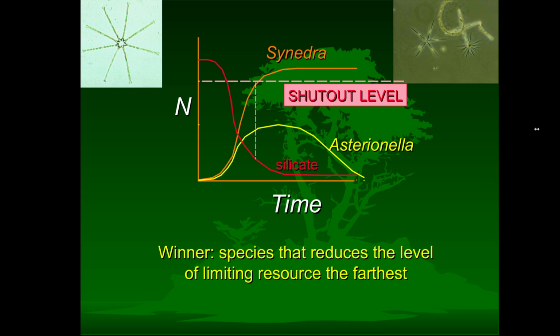So one way to make the Lotka-Volterra equations more realistic is to make consumption rates dependent on the resource levels. So this gives us a more realistic view of shutout levels. It can also be determined by how efficiently a competitor can consume resources at low resource levels.